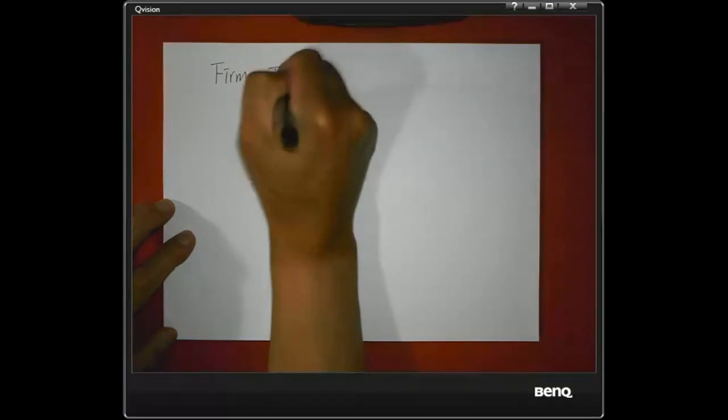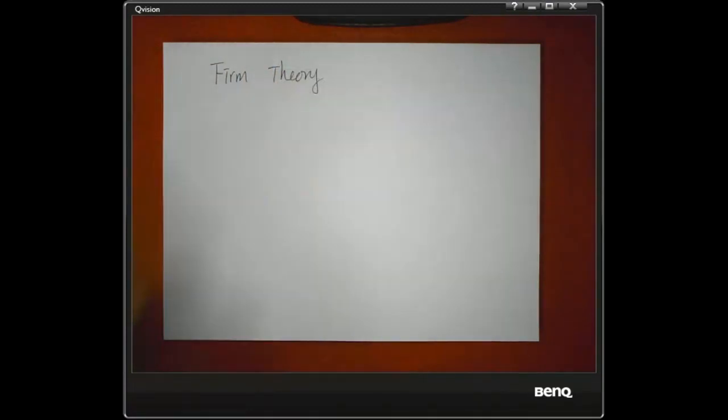All right, let's start. So we're going to start a new topic, that is the firm theory. We're now trying to understand how firms make decisions.